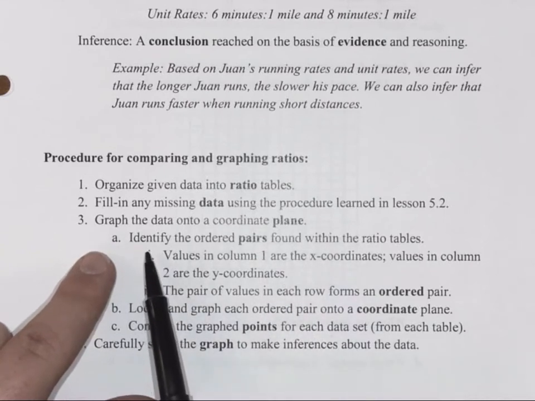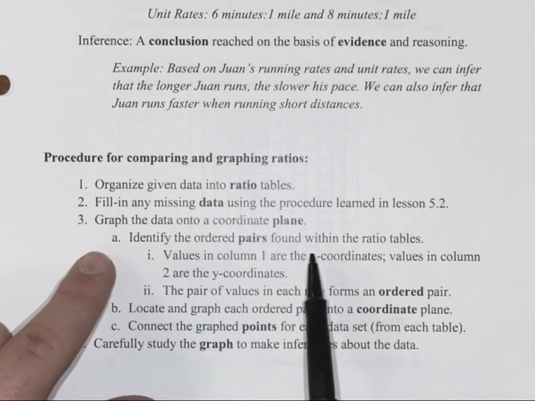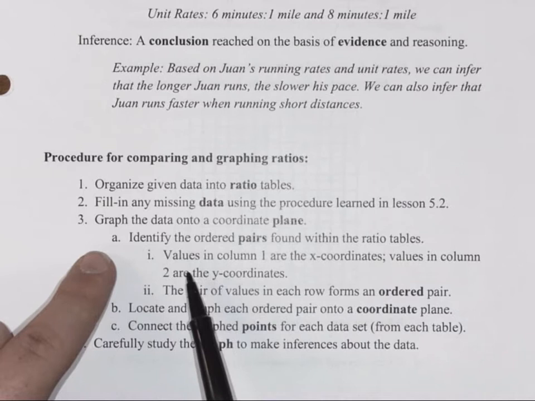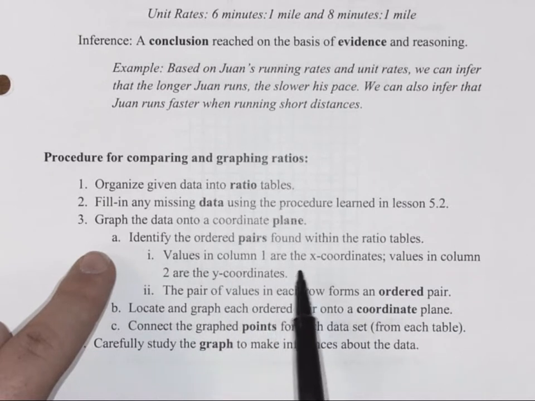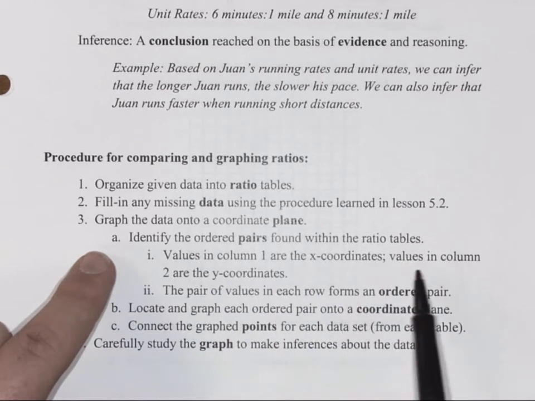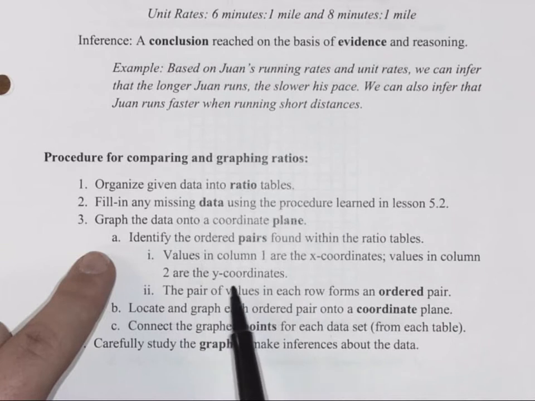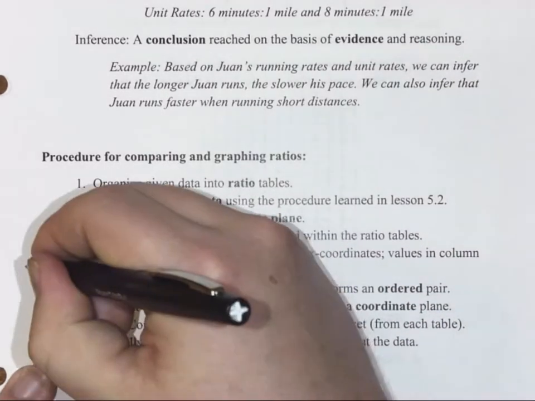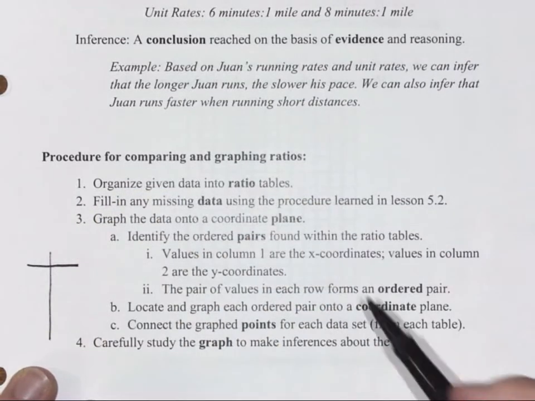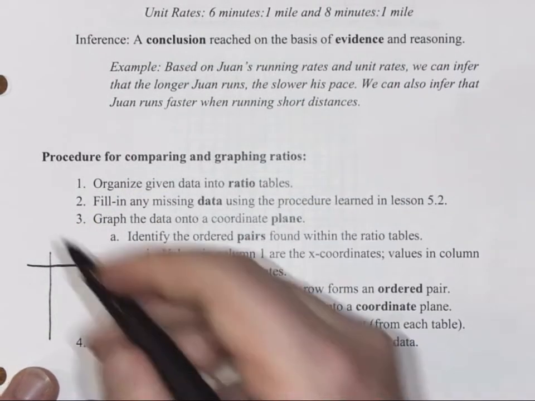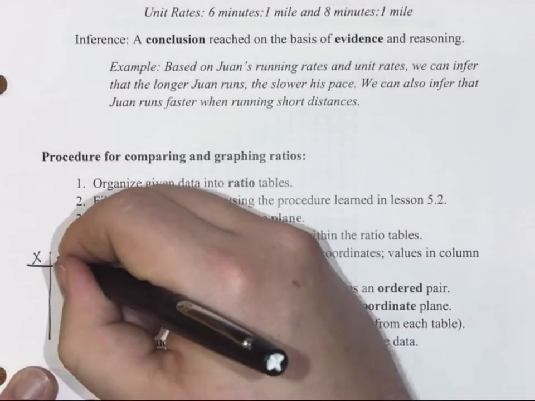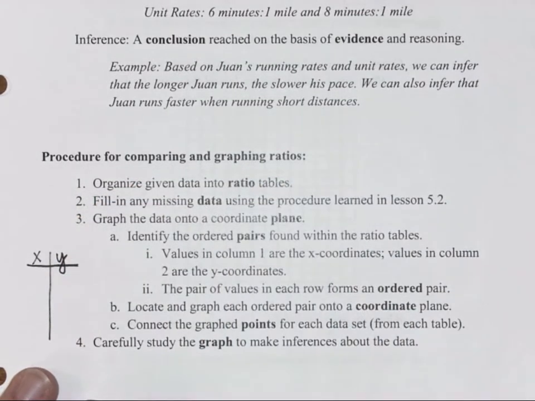And then identify the ordered pairs found within the ratio tables. The values in column 1 are the x coordinates, and the values in column 2 are the y coordinates. So if we have a ratio table, the values in the first column over here will be your x values, and the values on this side will be your y values.